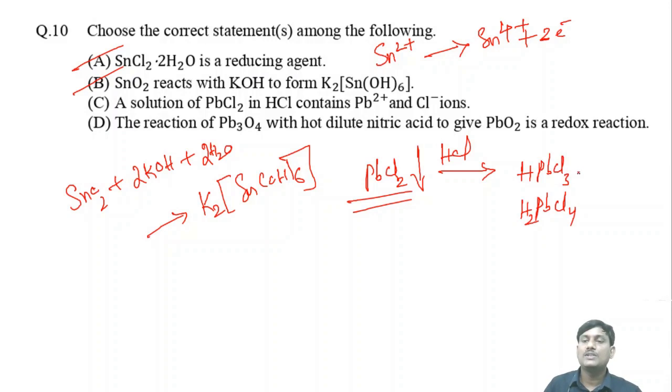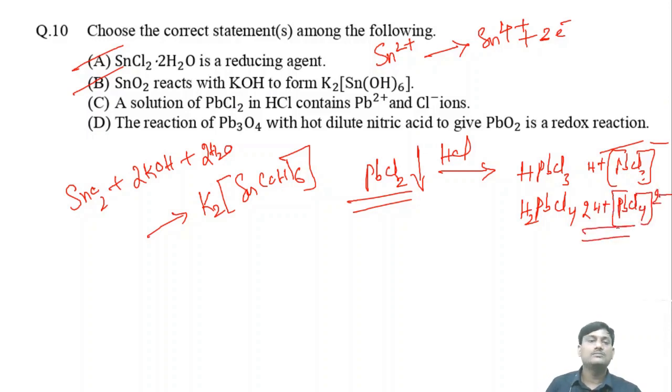These two will dissociate into H+ and the PbCl3- complex, and also 2H+ and PbCl4 2-. Both the complexes are soluble. So in the presence of excess HCl, the lead chloride will be converted into these ions PbCl3- and PbCl4 2-, not Pb2+ and Cl-. So this one is wrong.